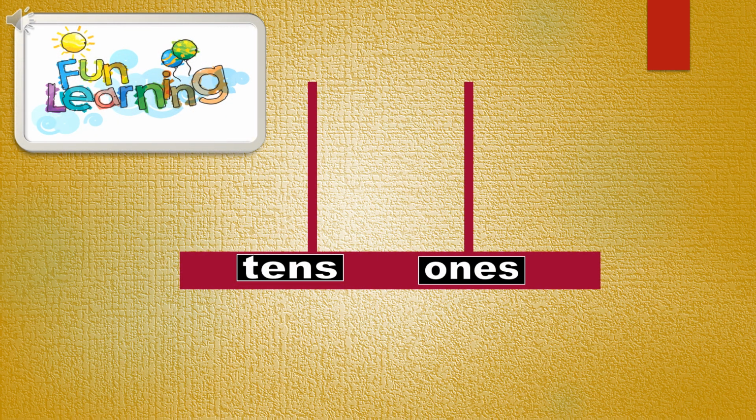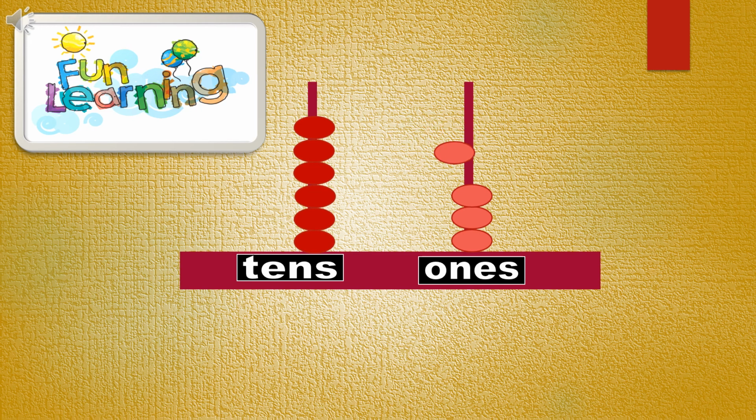Now children, let us see another example. So let us see how many beads we would place in the tens place and in the ones place. Now let us count the beads in the tens place.